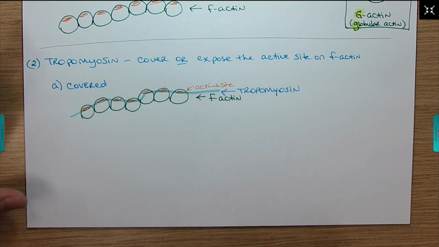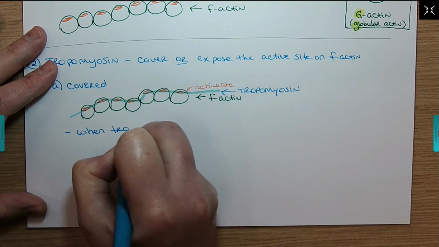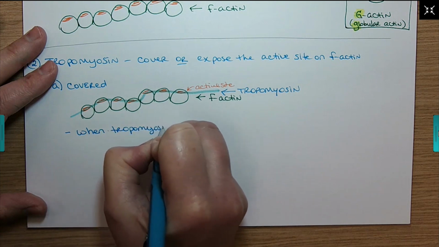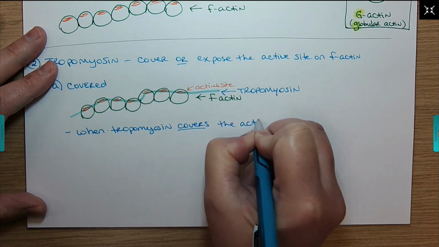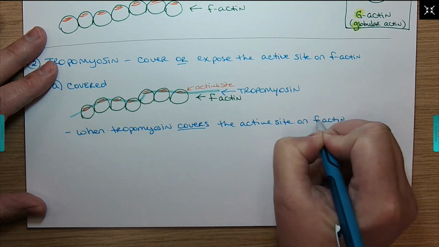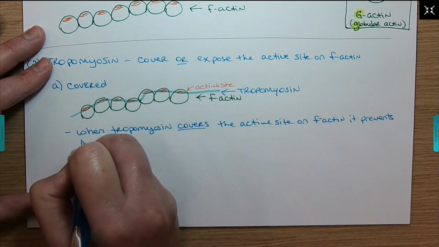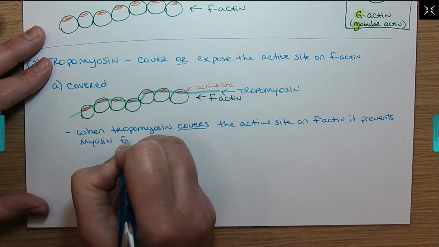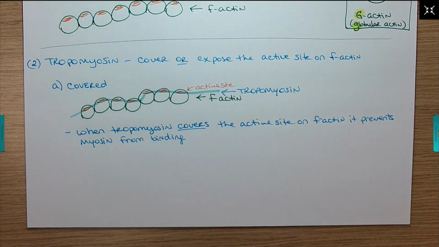So what does that mean? When tropomyosin covers the active site on F-actin, it prevents myosin from binding, right? Because if myosin wants to bind to the active site, but you've got the active site covered up, myosin can't bind to it.